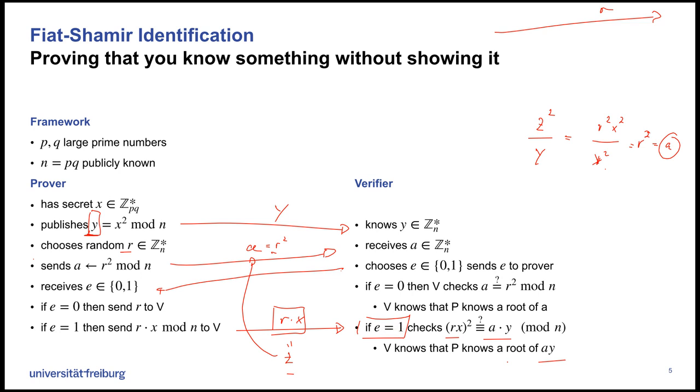So in both cases, the verifier doesn't learn anything. However, he learns that the prover is able to produce a square root of r squared and a square root of r times x squared. And this is equivalent to saying that the prover must know the square root.